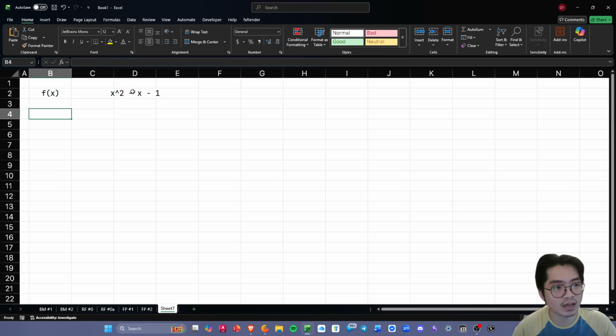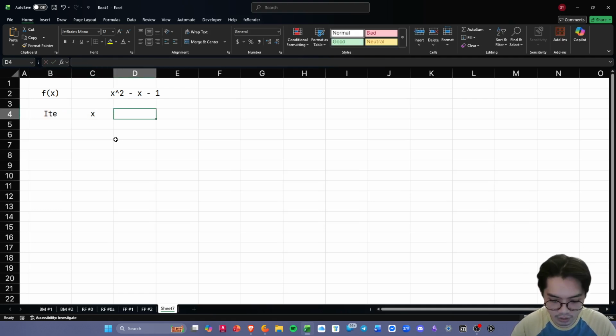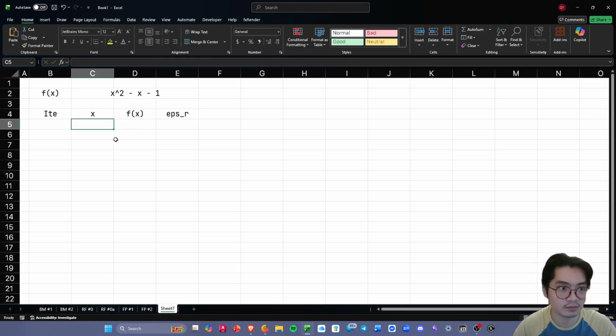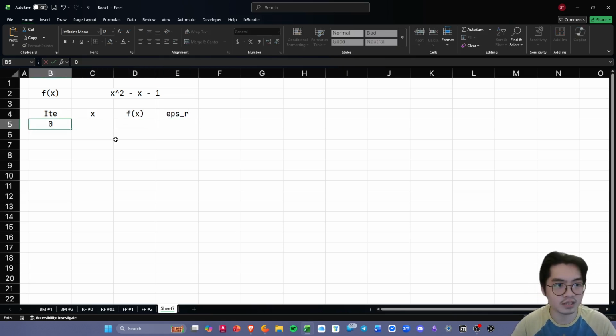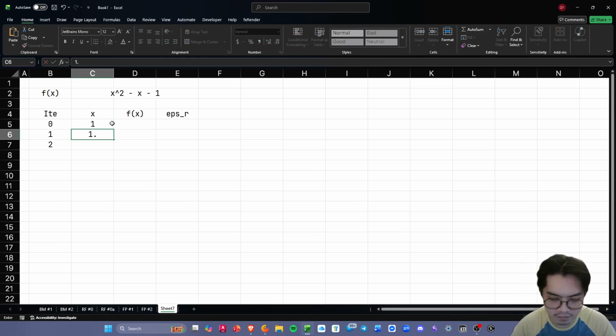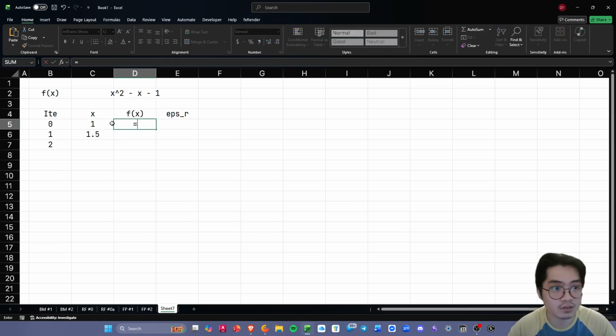And then what we will have in here is your iteration, your x, and then your f of x, then maybe your epsilon, right? So you'll have here 0, 1, 2. We said earlier that our iteration was between 1 and 1.5, and 1.5, so this will be this squared minus this minus 1.